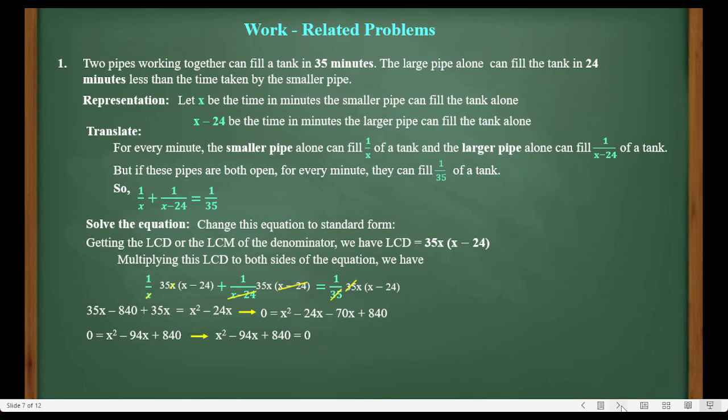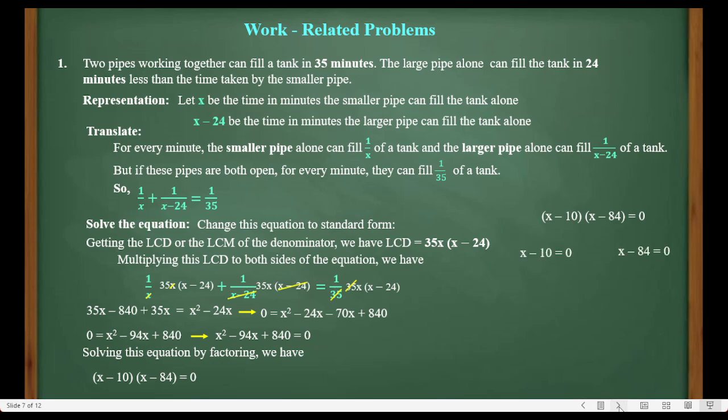And we can now solve this using factoring, because this expression is factorable. And the factored form is the quantity x minus 10 times the quantity x minus 84 equals 0. So since we use factoring here, upon getting the factored form, we equate each factor to 0 using the concept of the zero product property.